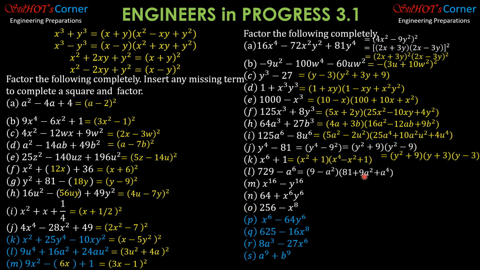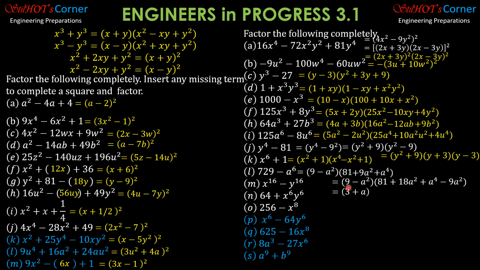We'll make this a difference of two squares. So we write this first as (9 − a²), then this one, 81 plus 18a² plus a to the fourth, then minus 9a². So this is a perfect square trinomial, which is (9 + a²)², then minus (3a)². So this is a difference of two squares also, 3² minus a².